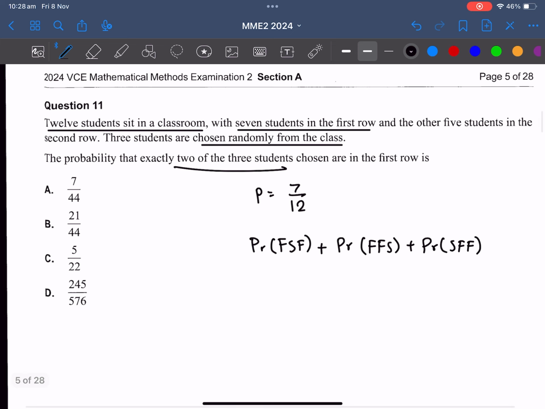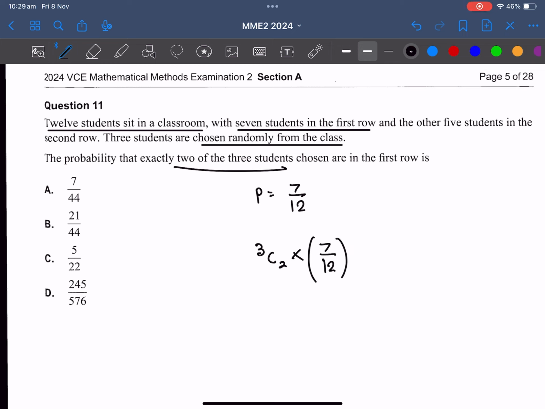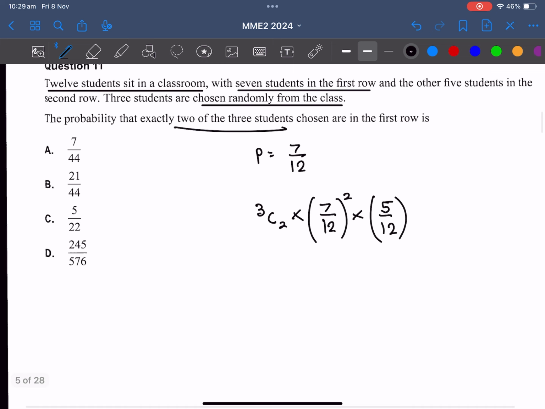So, in short, to not go through each of the combinations, we can just use nCr for this as 3C2, and then times it by probability of success to the power of the r value, so 7 on 12 squared, times 5 on 12, and this should hopefully give us our answer.